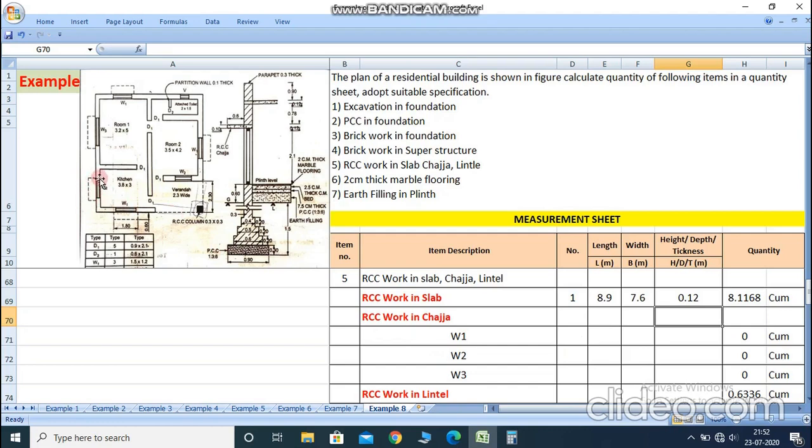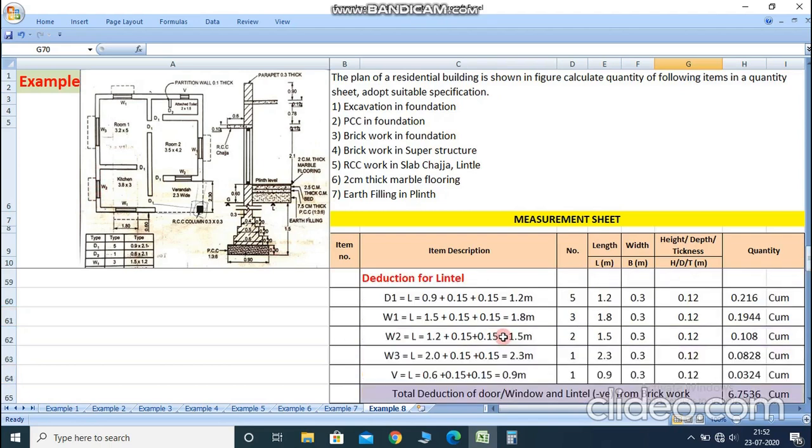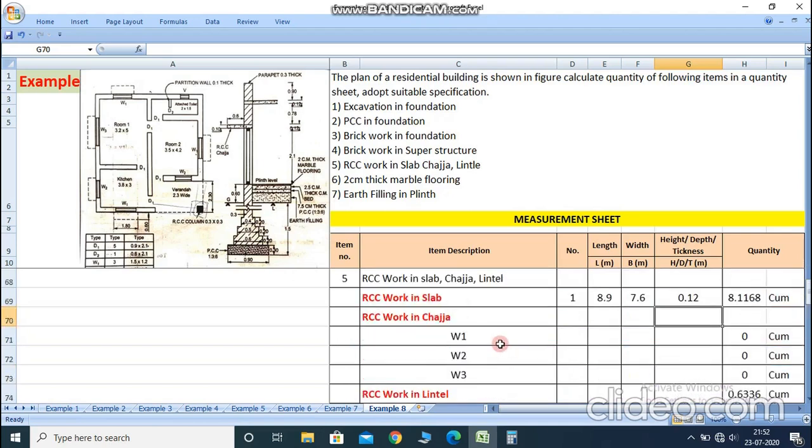Here the lintel length is the same as the chhaja length, which we already calculated: 1.8 meter for W1, 1.5 meter for W2 and 2.3 meter for W3.